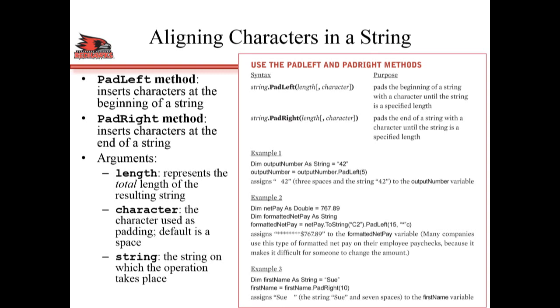So the length is 15, and what we are doing is converting that to C2, currency format. So that makes it how many characters? 1, 2, 3, 4, 5, 6, 7. 7 characters. And we want to make it 15, so it keeps on adding stars before the dollar sign, since it's a pad left, to make it something like the one shown right below example 2.